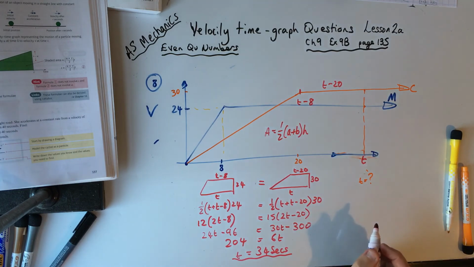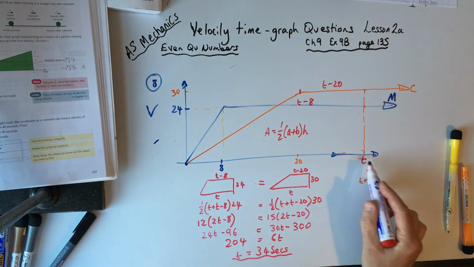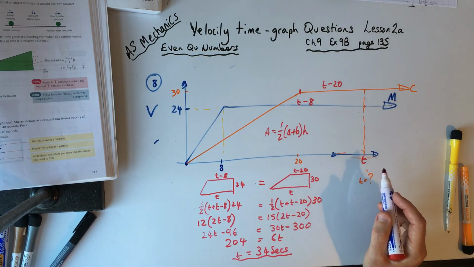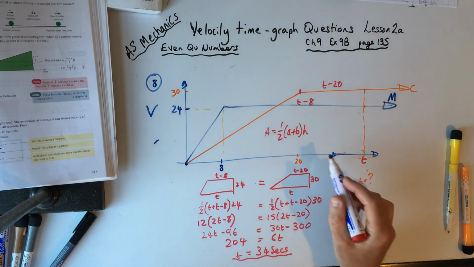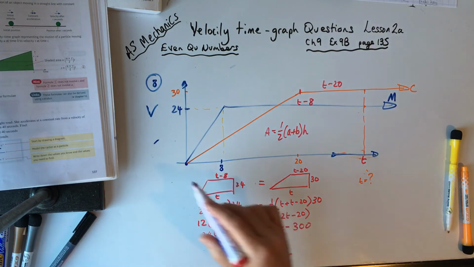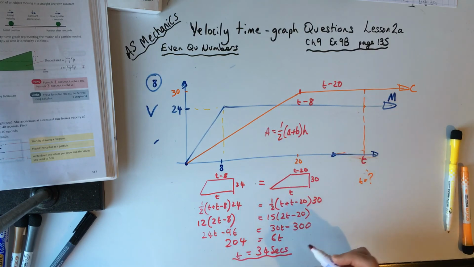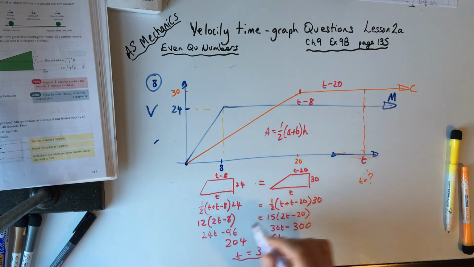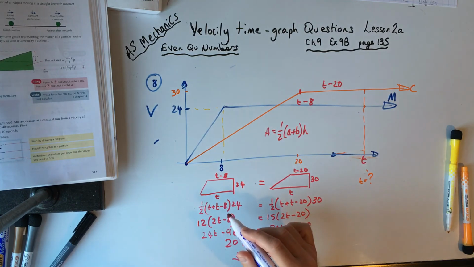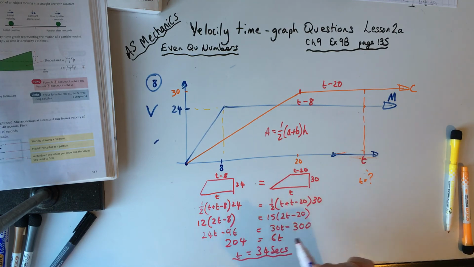Now the question is to find the distance that it travels. So we don't want the time, we want the distance that it travels. So if we stick 34 into one of these, yeah, let's just put it into here.